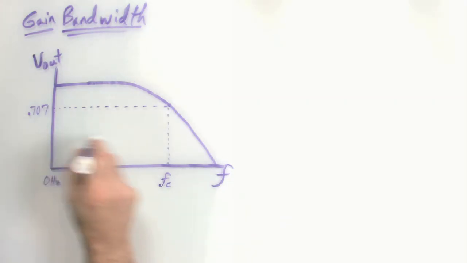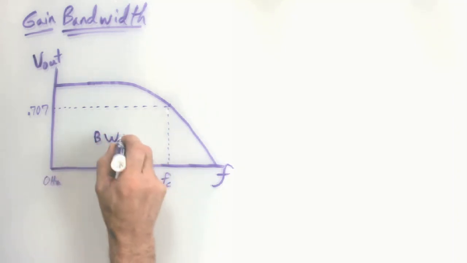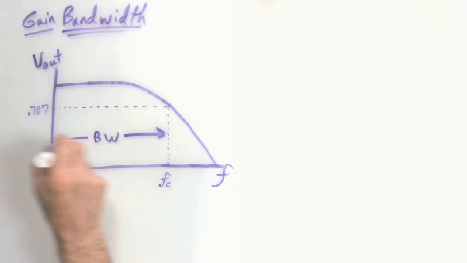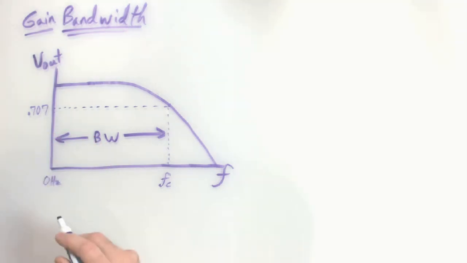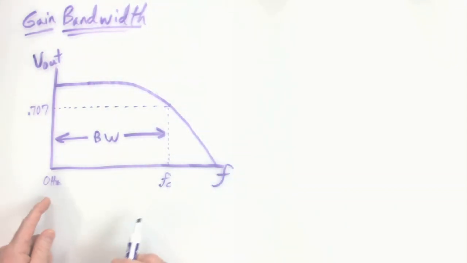So this is the bandwidth right in here. And for op amps, the bandwidth is always this upper cutoff frequency because the lower frequency is 0. It can go all the way down to 0 hertz.